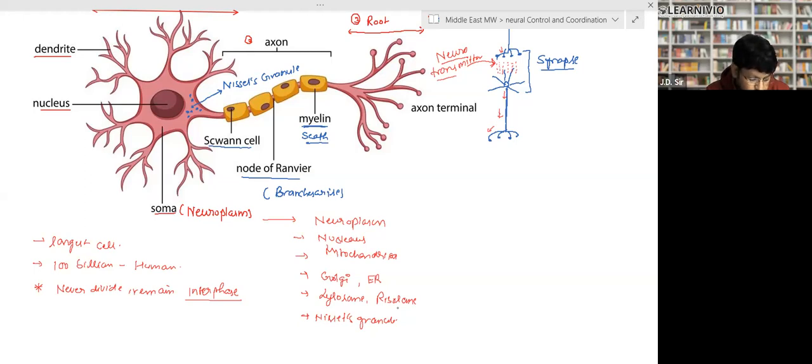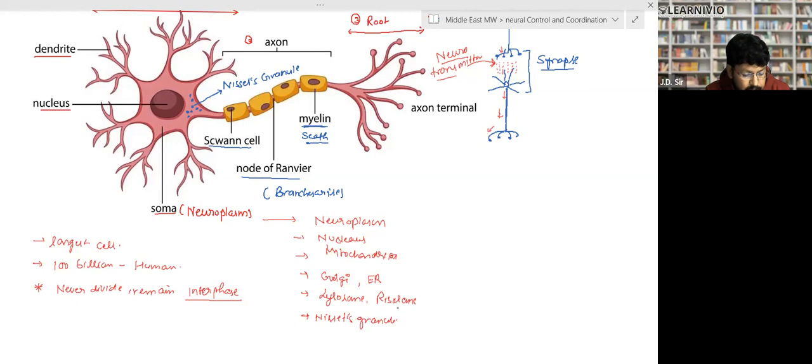Next point. Fully formed neurons never divide and remain in interphase throughout life. And the question, at what stage of the cell cycle neurons are found, I have been asked many times in medical exams.